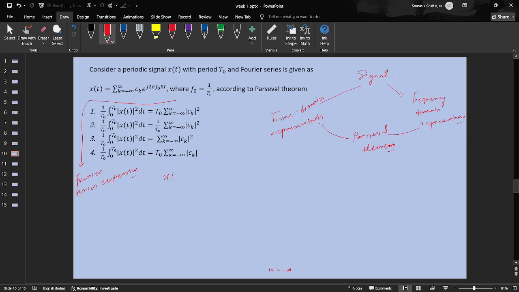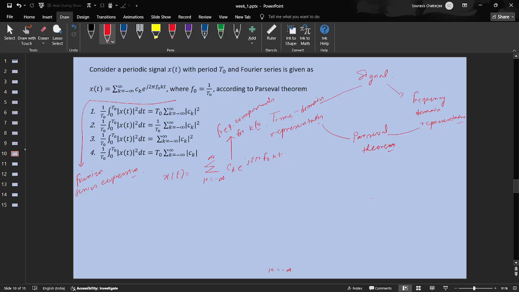So you have xt, where k runs from minus infinity to infinity, ck e to the power j2 pi f naught kt. Now even if ck appears in this expression, we already talked about ck being spectral components. Specifically, ck is the frequency component corresponding to k f naught.